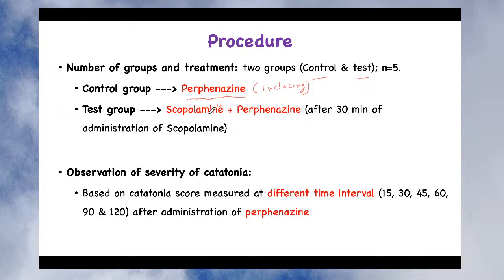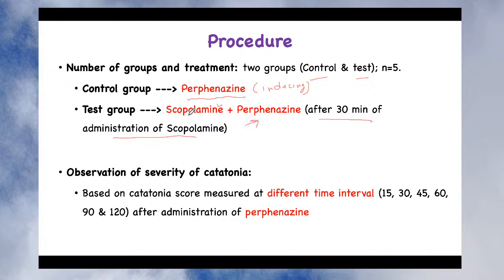So first you have given scopolamine, and after 30 minutes of administration of scopolamine, you have given perphenazine. I hope you got this protocol. In the control group, what have you given? You have just given perphenazine. In the test group, first you have given scopolamine, and after 30 minutes of administration of scopolamine, now you have given perphenazine. Okay.